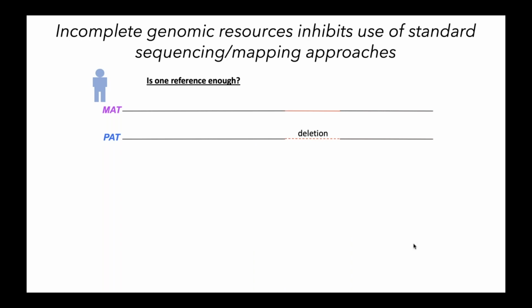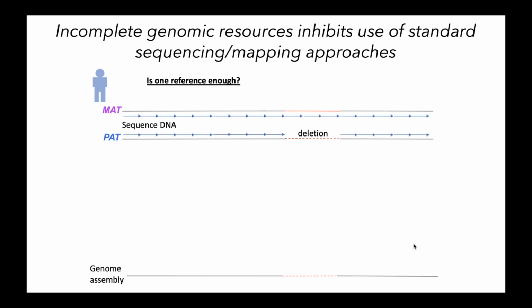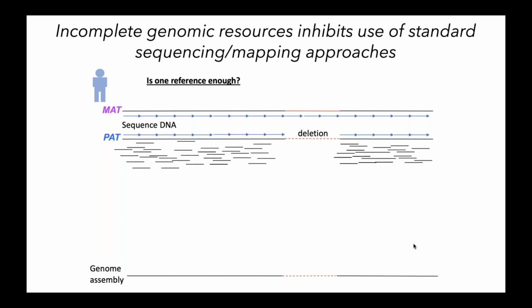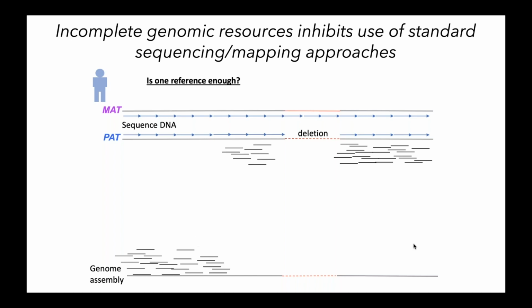The first of this is thinking about the idea that we have a very complex locus, and oftentimes we think about representing complex loci with a single haplotype, and in IGH this is inherently problematic. In this case, we're taking a hypothetical sample which on one chromosome has an insertion and on the other has a deletion. We would be comparing this to a genome assembly that has a deletion in it. So what do we do with the reads from the sample? We, of course, try to map them back against this reference assembly.